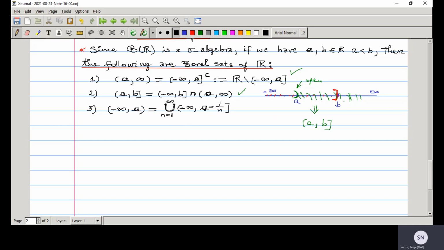A contained in B and B contained in A is equivalent to A equals B. So I'm asking you to prove this equality. Prove that this set to the left is equal to the set to the right. Prove the equality. Homework.